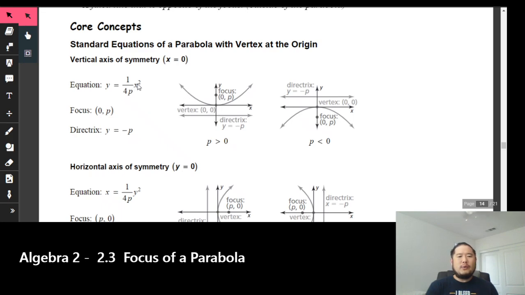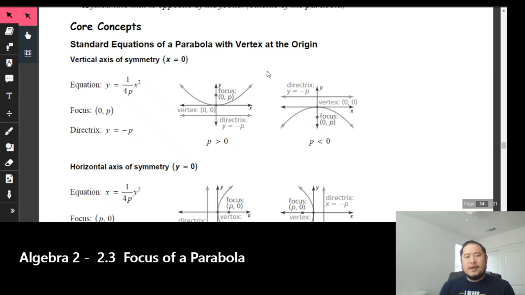When you look at this equation, hopefully we first recognize that because it's just x squared and there's no parentheses with x plus a number or x minus a number, there is no horizontal shift, and because there's no plus on the outside to the right of the x squared, it's not going up or down.